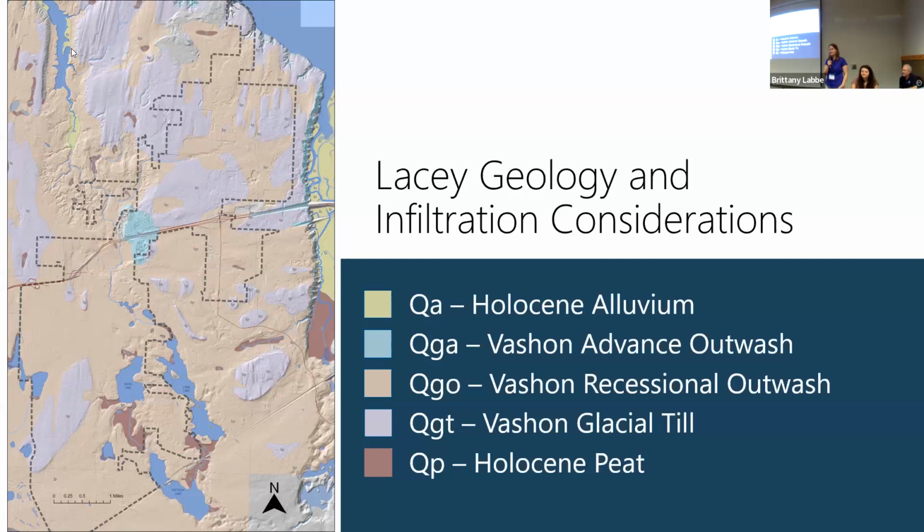And so one other item about Lacey in particular is in the northeast part of the city, it's zoned for light industrial. Freeway there, good access, a lot of space. And so light industrial means large impervious areas, lots of runoff. That part of the city also has very thin outwash, if at all.